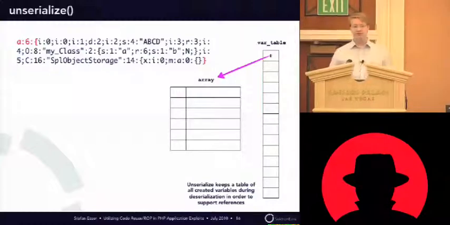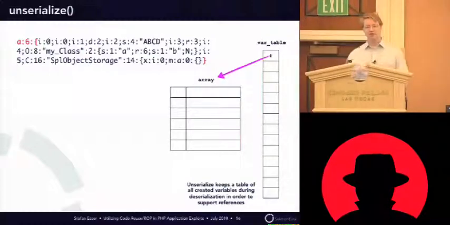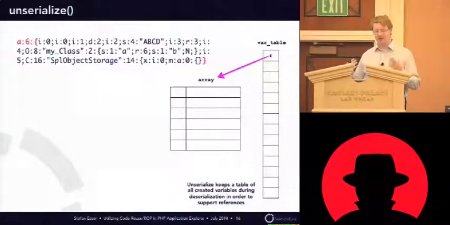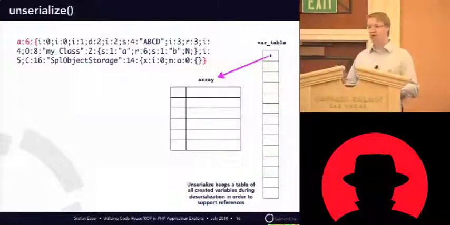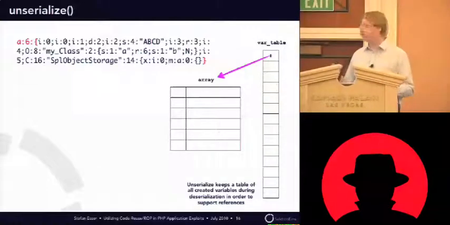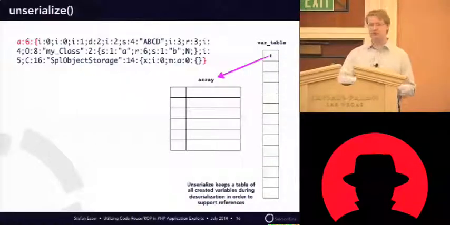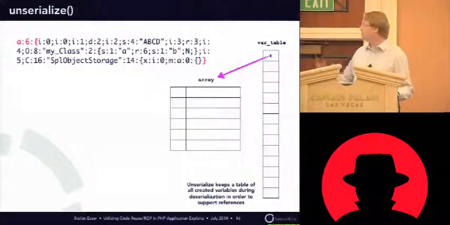The idea is that when you want to unserialize a reference, you need to know which variable you want to reference. So unserialize creates a variable table where every variable it creates, or a pointer to the variable, is inserted. And later when you create a reference to the third slot, unserialize will look into the variable table and get the variable from there.